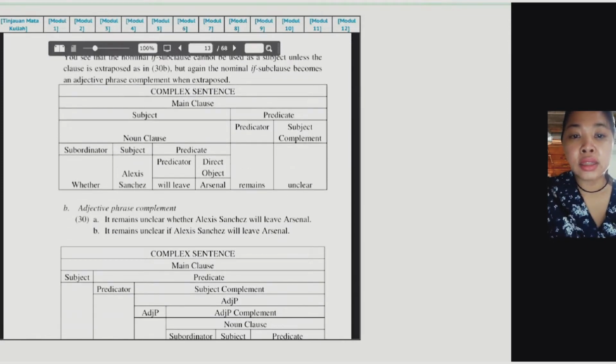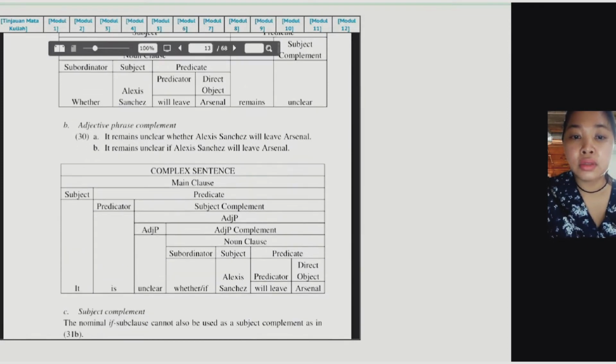And this is the adjective phrase complement. It describes the adjective, like it is unclear whether or if Sanchez will leave Arsenal. So there is subject and then predicator. After predicator is adjective phrase, and it is broken down into adjective phrase plus adjective phrase complement.